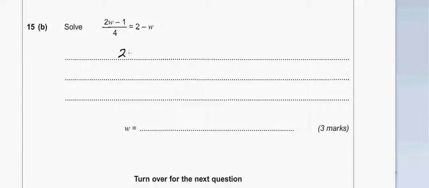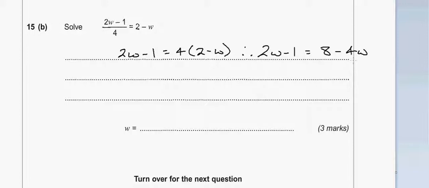So we'll have 2w minus 1 equals, and remember now that the 4 is going to multiply everything over here. So we can simplify this. So 2w minus 1 equals 8 minus 4w.